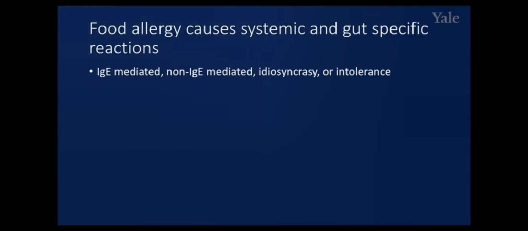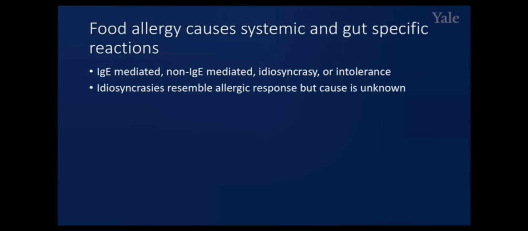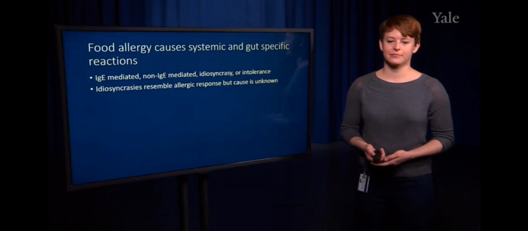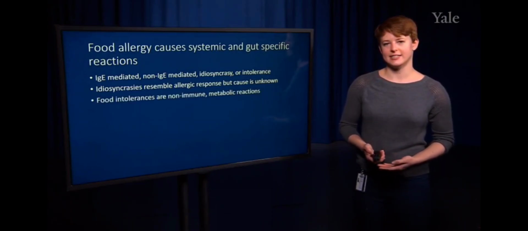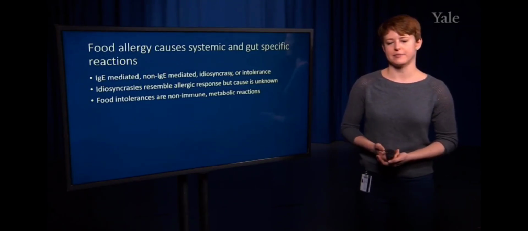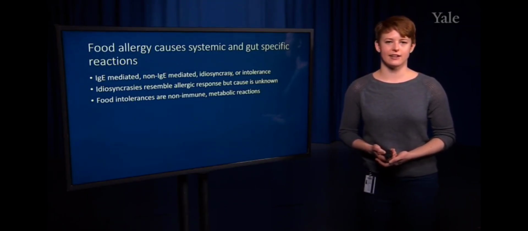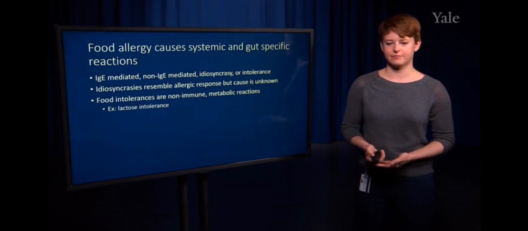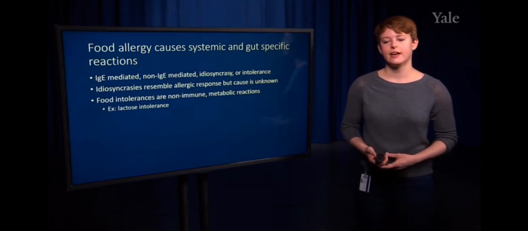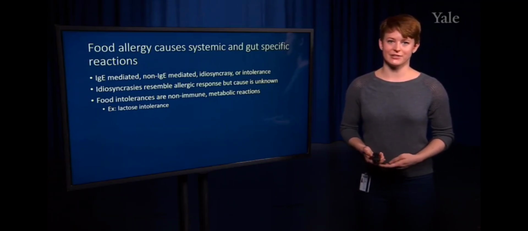So idiosyncrasies typically resemble allergic responses in symptoms. However, the cause is usually unknown. And food intolerances are also not really allergy. They're non-immune responses and typically are due to metabolic functions. So a really good example of this is lactose intolerance. So in this case, an individual just lacks the enzymes to break down lactose.